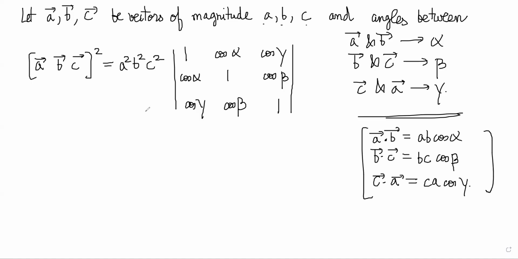Now, let's think about how you would do this. So this is going to be the box product of ABC times the box product of ABC. And these are both scalar quantities, right?